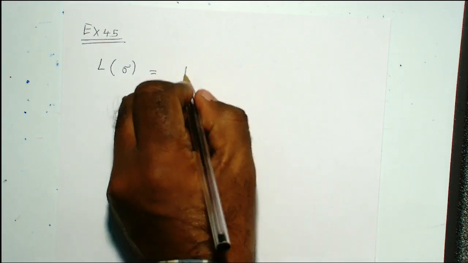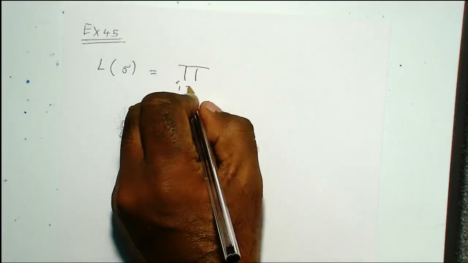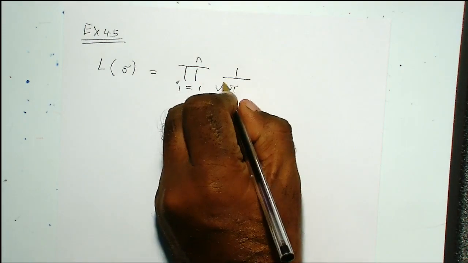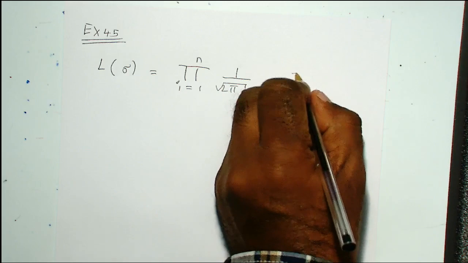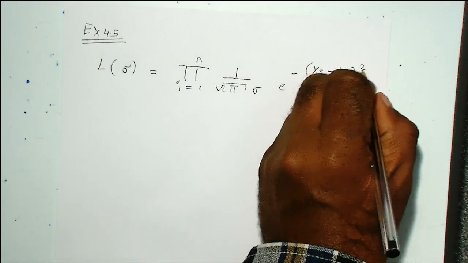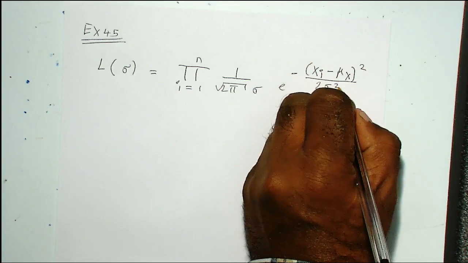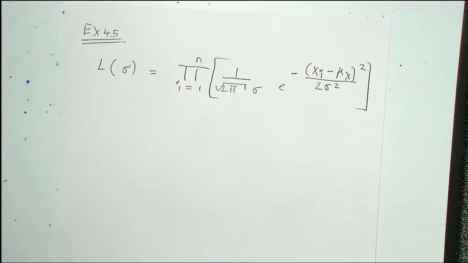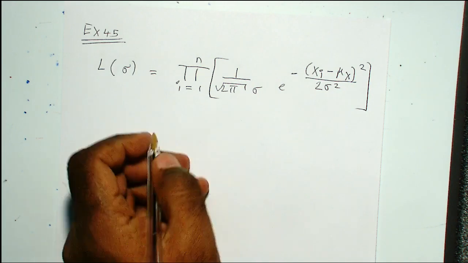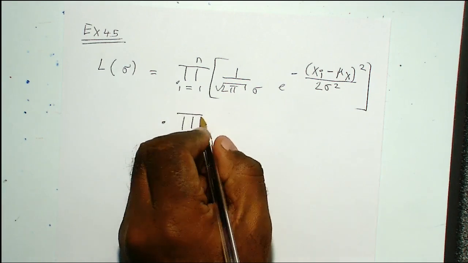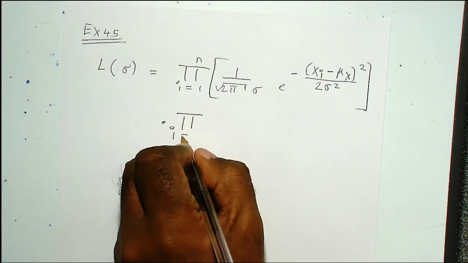You first write the likelihood for the first sample, which is this one, then multiply that with the likelihood for the second sample.